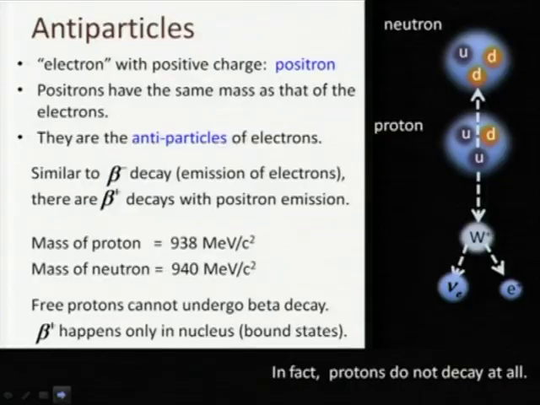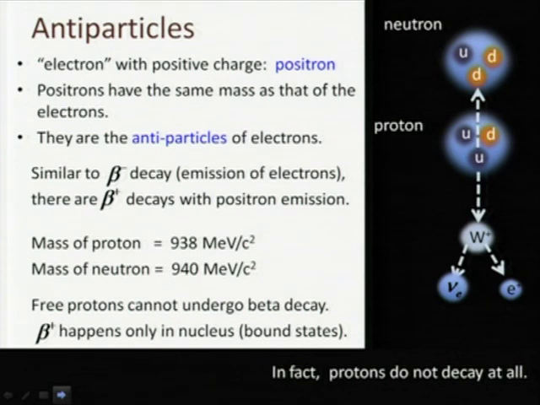There are nuclei, isotopes, which are unstable, decaying through beta plus emission or positron emission. You can think about positron emission tomography in fact, and ask yourself what exactly happens in that case. In fact, protons do not decay at all.